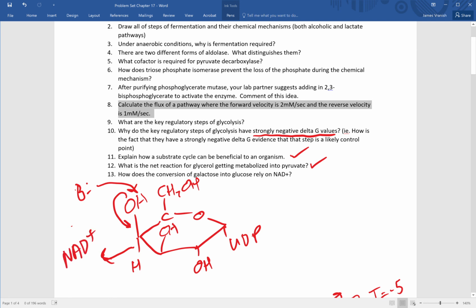As an intermediate here, I'm just going to draw the ring structure. At that position, I guess I'll draw all the others. OHs. Oops, sorry, should be up.